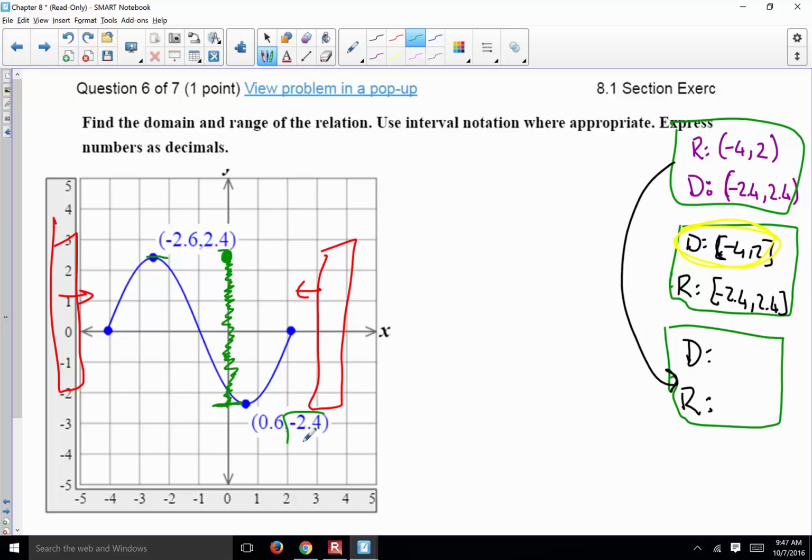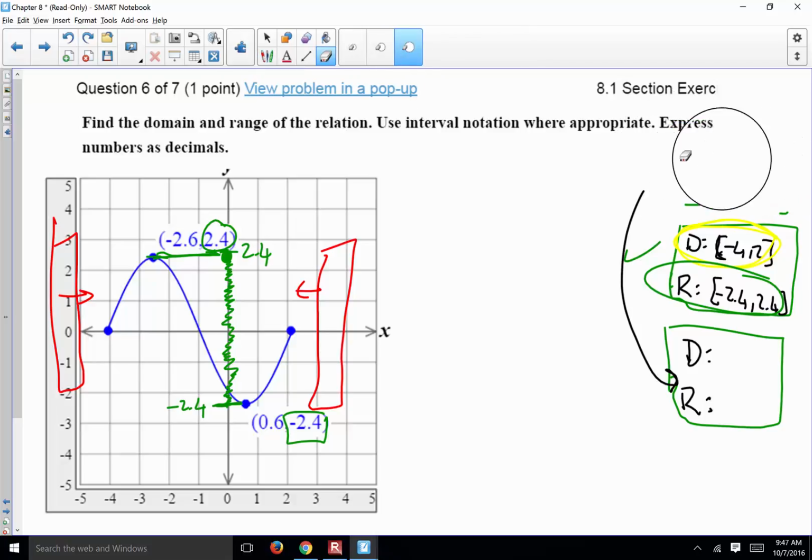And they helped us by giving these locations. I mean, they didn't just put this for fun. They want us to read these values from these components. Negative 2, 4, and this is 2, 4. Negative to positive. Seems like this is correct. So the right answer is the second one.